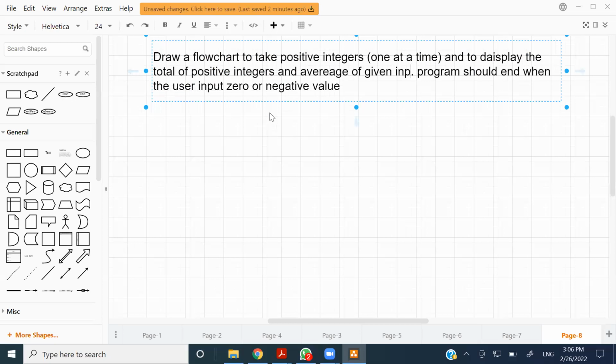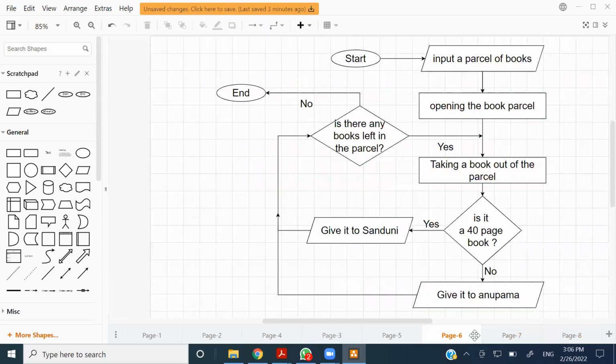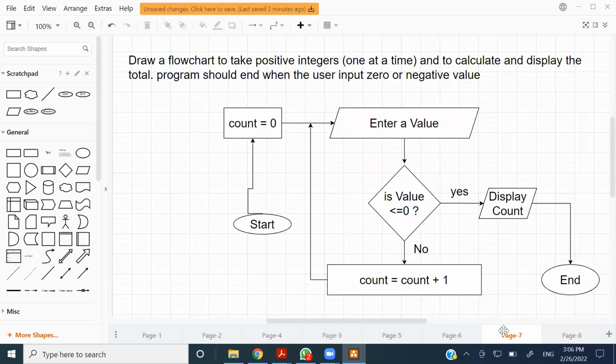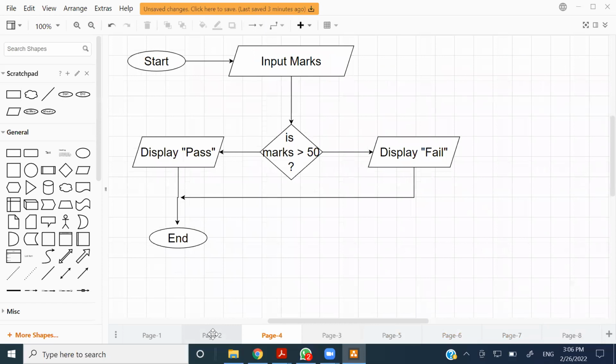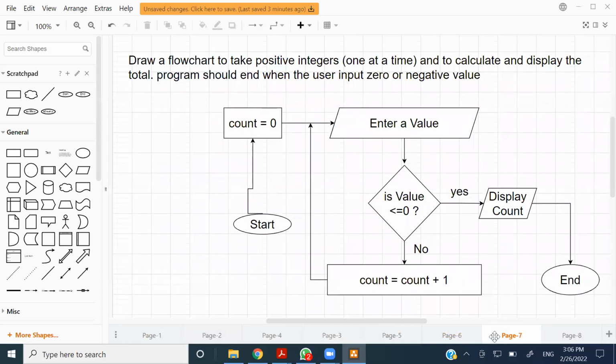Draw a flow chart to take positive integers and to display the total of positive integers and average of given positive numbers. So it's kind of the combination of the 7th program and the count program. There's that sum program. Somehow I have missed it.